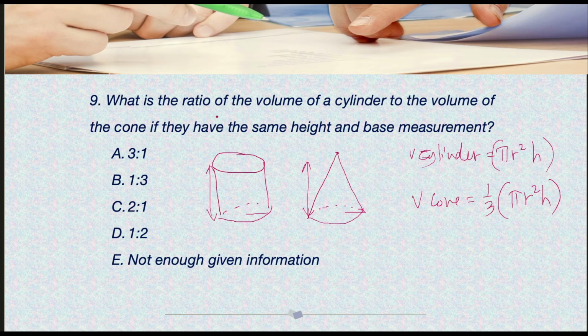So what's the ratio? The ratio required is cylinder versus cone. If the volume of the cone is 1/3 the volume of the cylinder, then the cylinder would be 3 and the cone is 1. So 3:1. The answer is letter A.